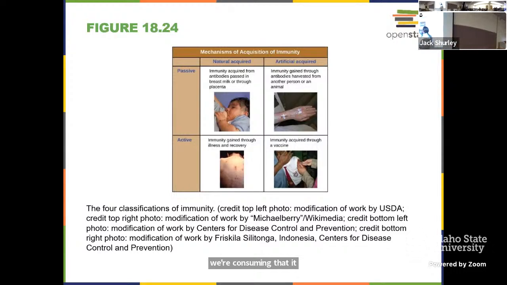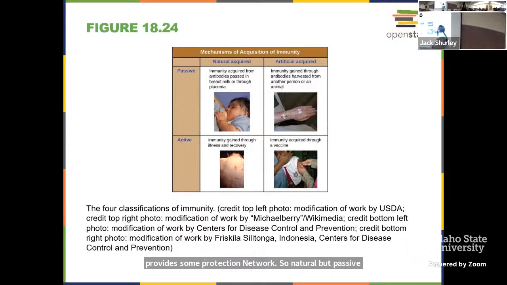So natural but passive. Artificially acquired passive immunity is like if you go donate plasma. When you donate plasma, they are taking your red cells and pumping those back into you. And the plasma, the fluid those cells are floating in, has all sorts of things. Immunoglobulins specifically is what they're looking for. All sorts of immunoglobulins that they can extract from you and separate and purify.